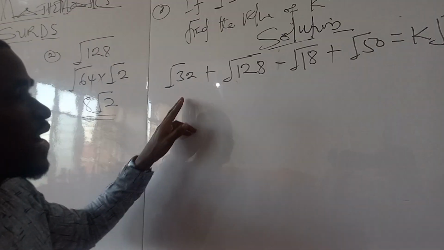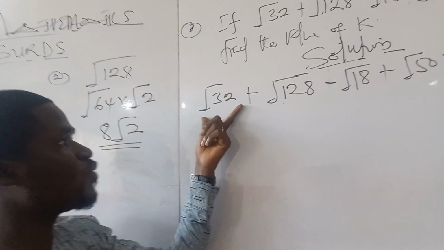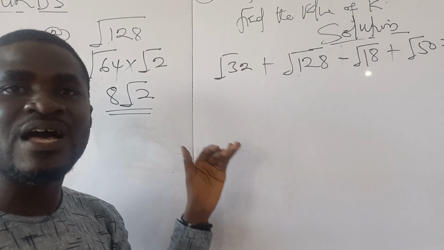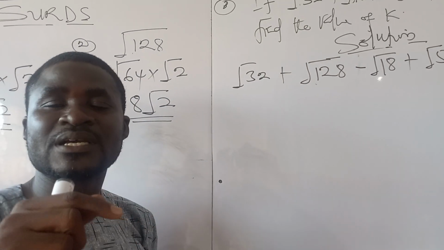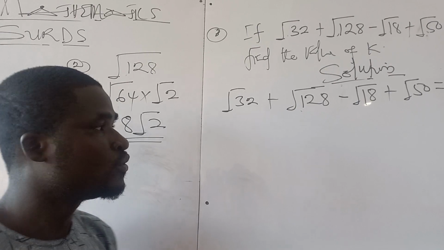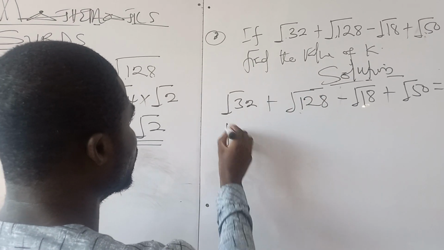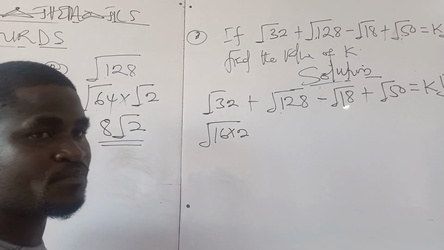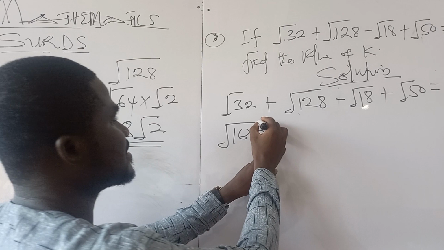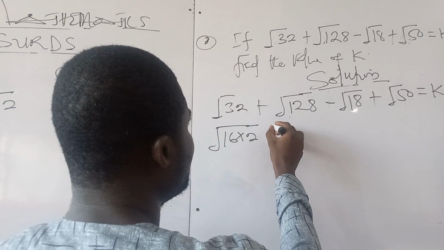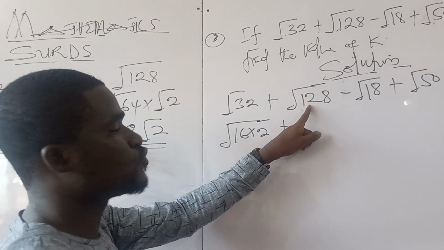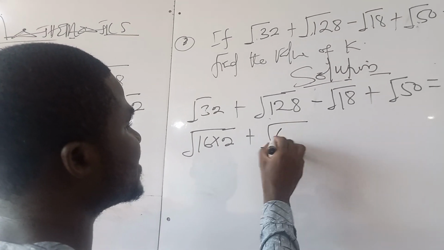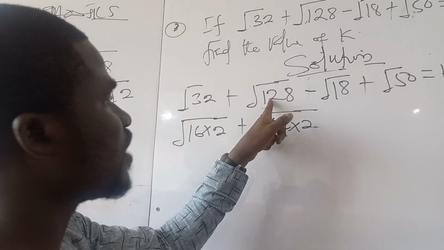Okay, now let's look at the first one. Let's break the 32 down: two numbers that will give us 32, but one of the numbers should be a perfect square. So we are saying root 16 times 2 gives us 32. Plus, root 64 times 2 will give us 128.